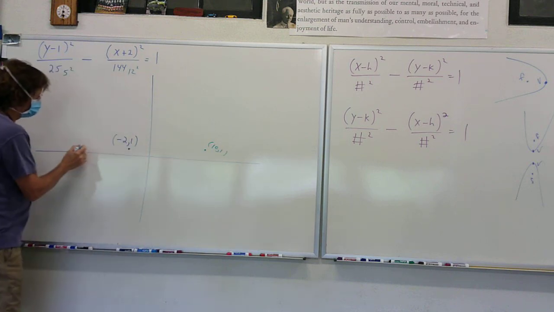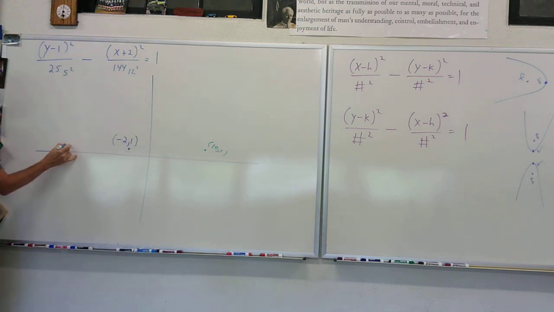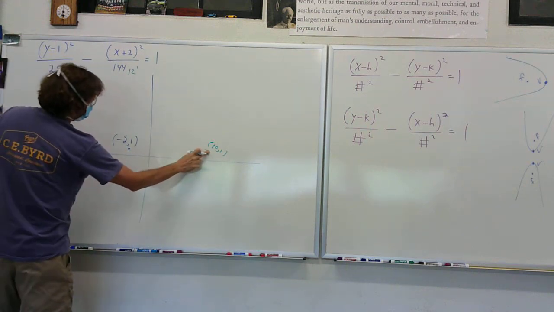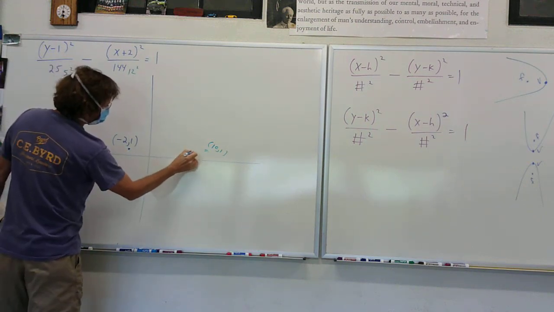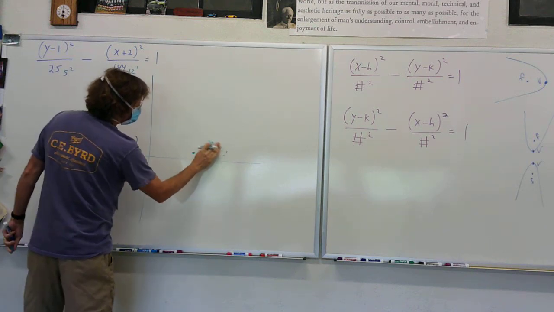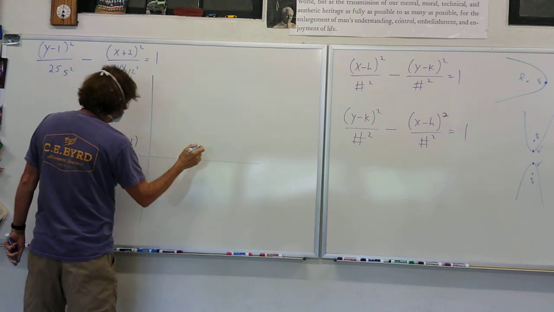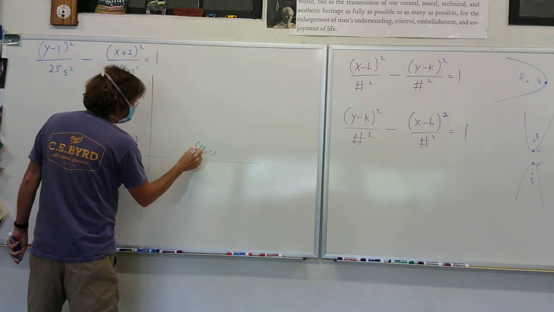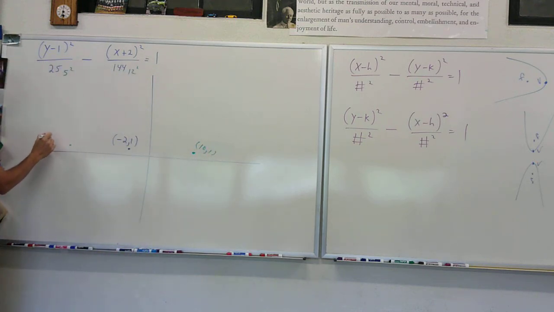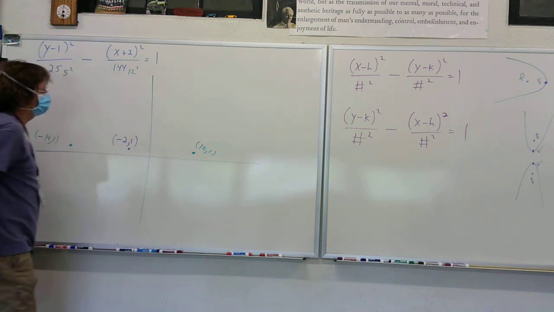And we're going to count 12 to the left, which is going to put us at negative 14, 1. And we'll try to get this a little bit more proportional, make it look nice. Now, you've got the point here, you've got the point here.